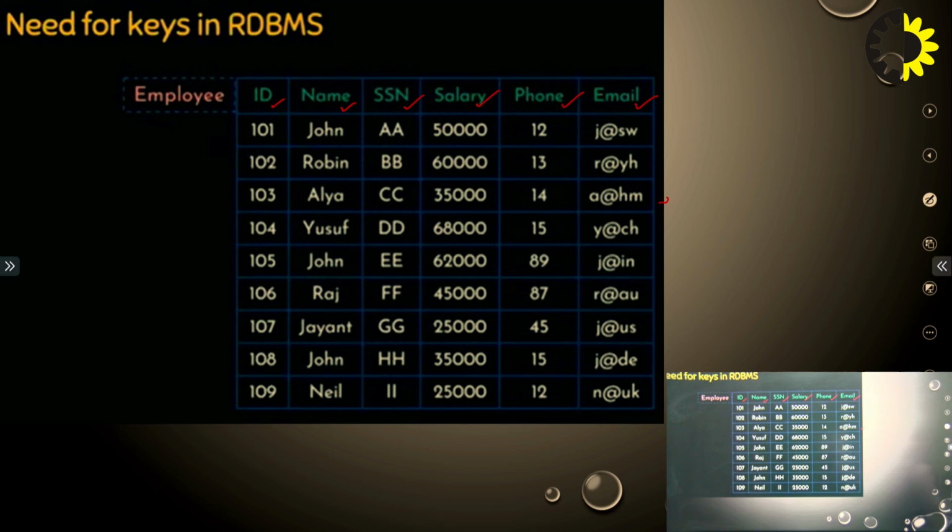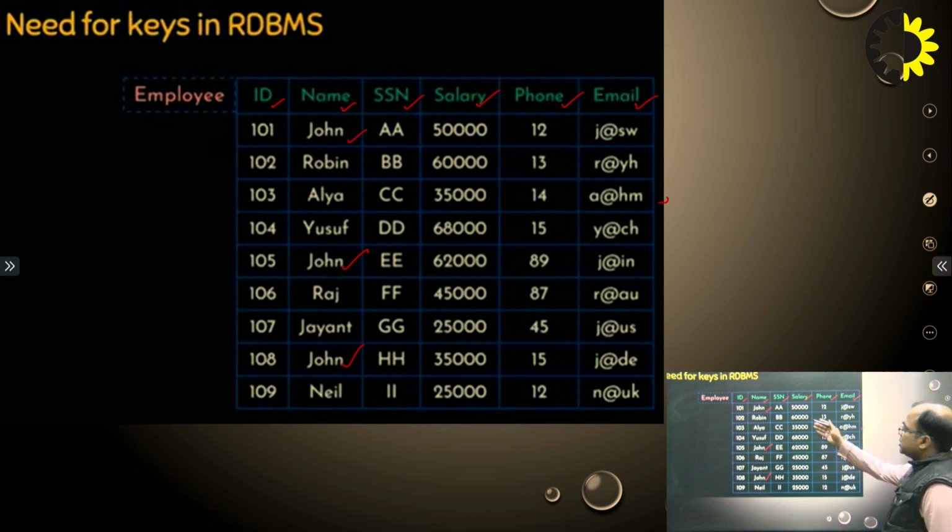If we want to increase the salary of John by 10%, then we can see there is a problem. Why? Because John appears several times in this database. If anyone says increase the salary of John by 10%, what does this mean?